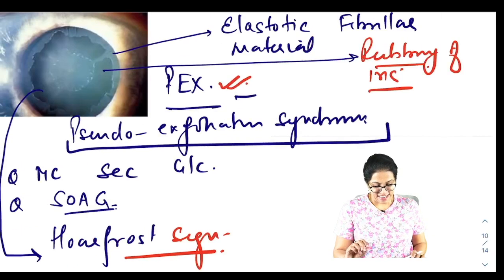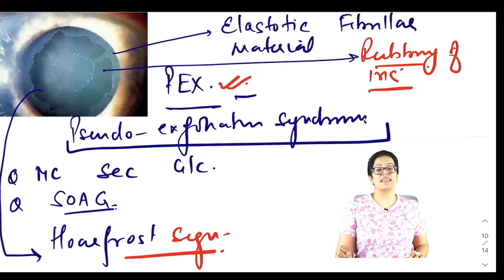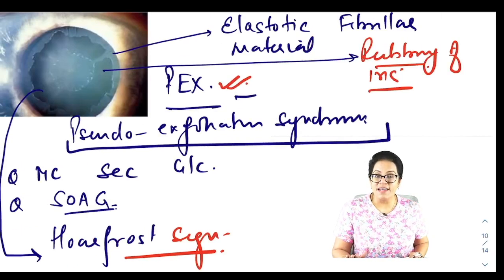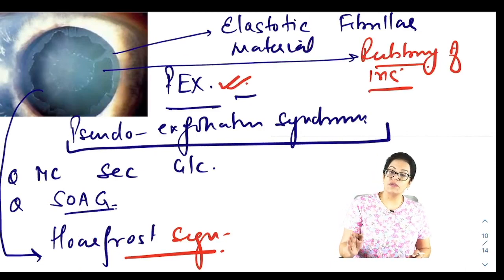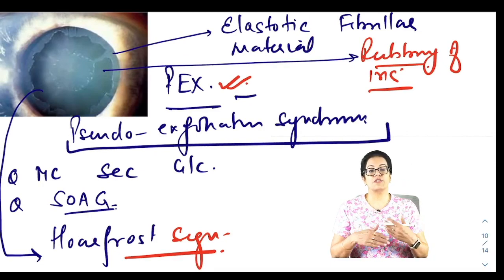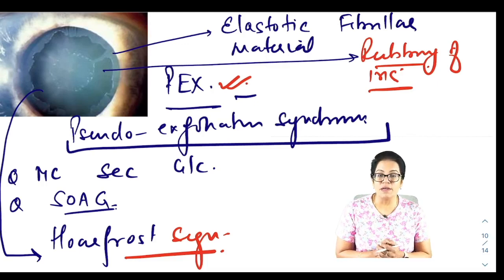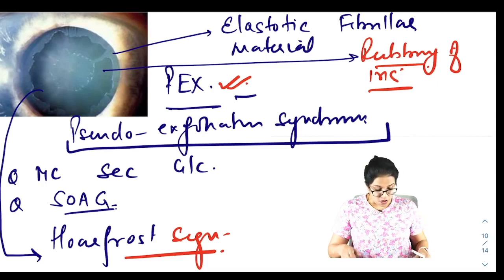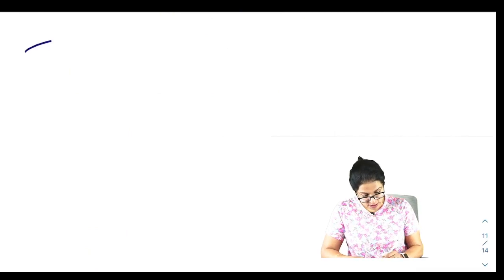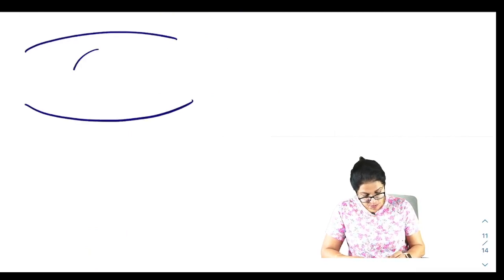Then talking about pseudoexfoliation, which is nothing but a secondary open angle glaucoma, right? We learn it along with pigmentary glaucoma, if you remember, where there is dispersion of pigments. Here it is mainly a dandruff-like fibrillar material. You can also see on the pupillary border the same fibrillary material, right?